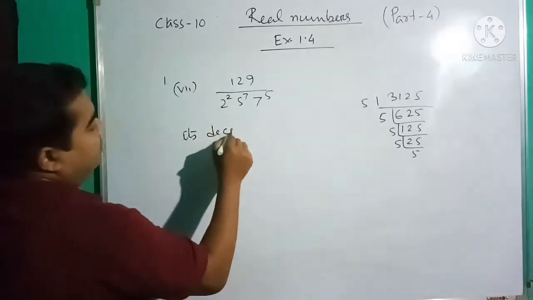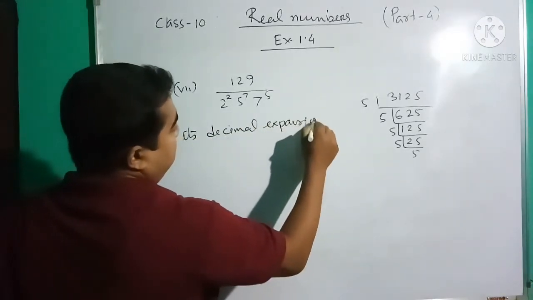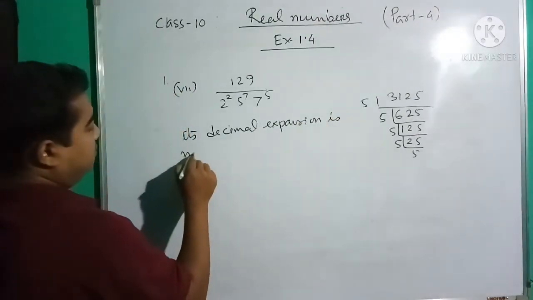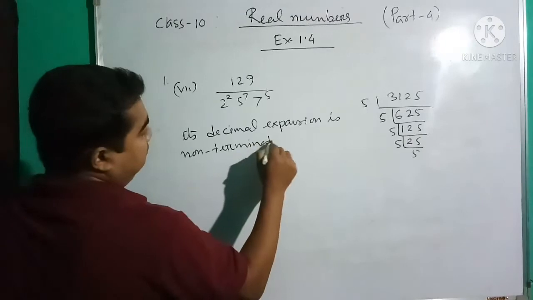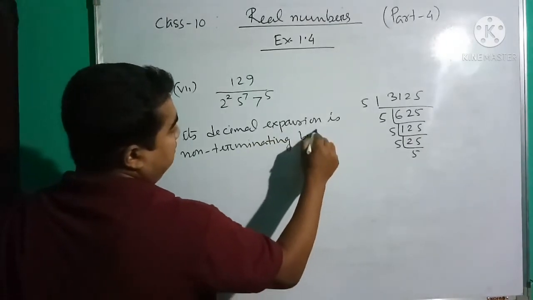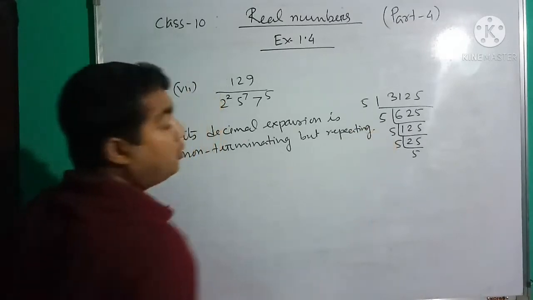Its decimal expansion is non-terminating but repeating. Why?